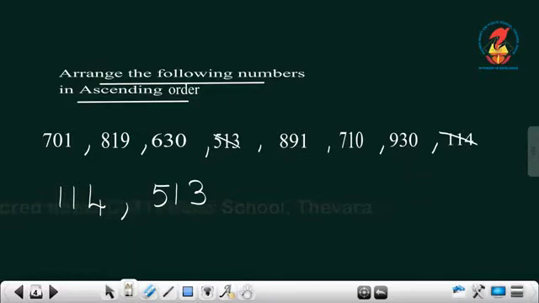Don't scribble, just a small strike is enough, or you can number it according to the arrangement. Now you have to find the next number greater than 513, which is 630. So you will write 630.